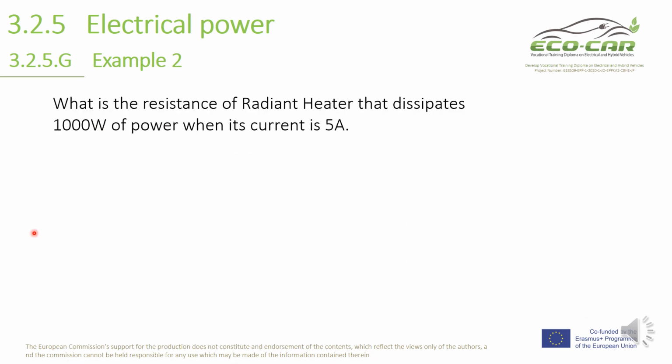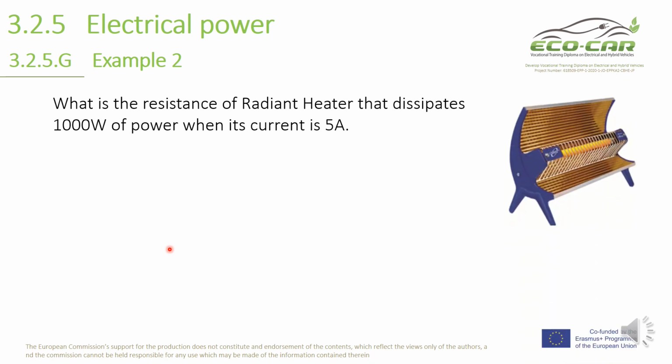So the solution: power equals V multiplied by V divided by R. We know the power is 1000, so 1000 equals the voltage, about 200 from the mains, multiplied by 200 divided by R. R equals 200 multiplied by 200 divided by 1000, so 40,000 divided by 1000.